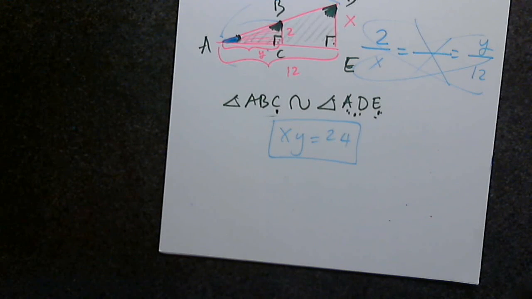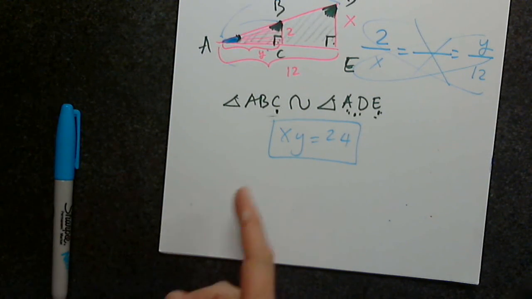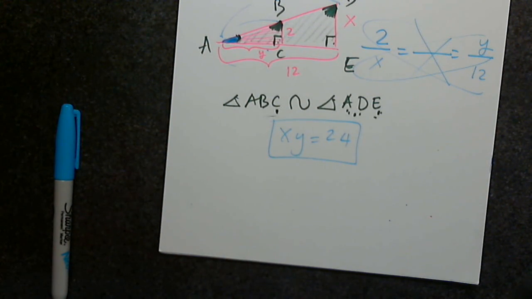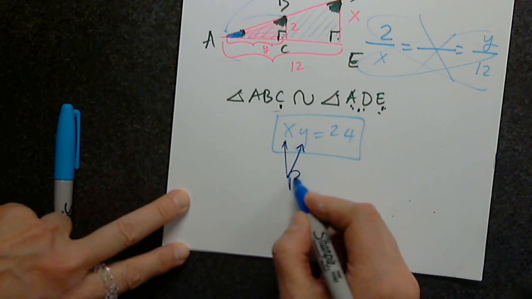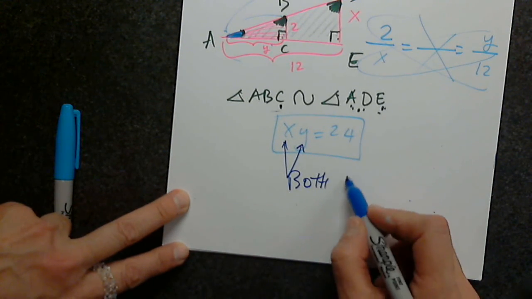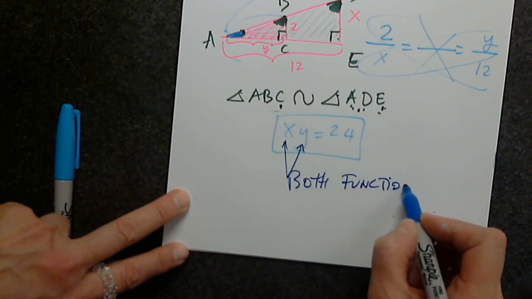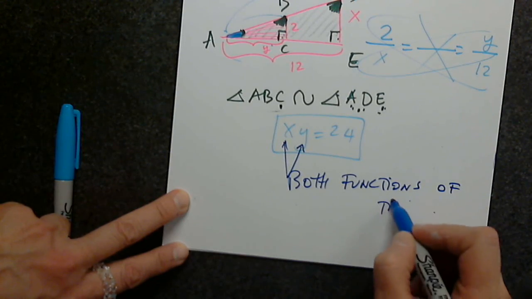Both are functions of time. This changes with time. That changes with time. There are two functions. x is not an independent variable. y is not an independent variable. So both functions of time.